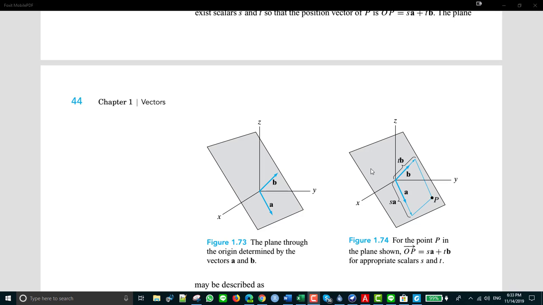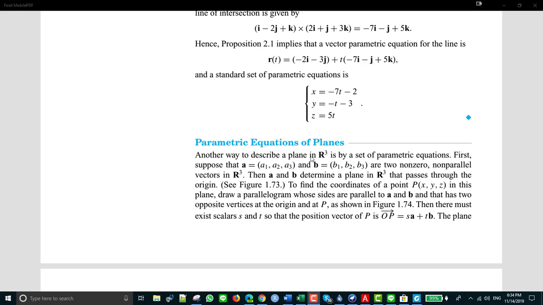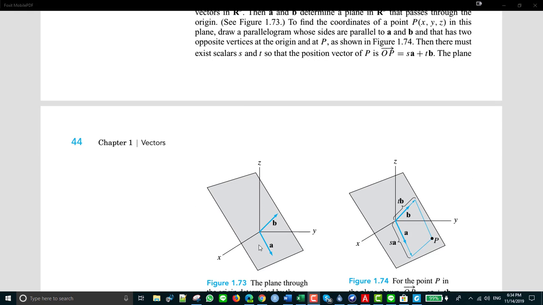So for this discussion, we start out assuming that the plane goes through the origin. So we're going to assume that we have two vectors, A and B, and that they both originate at the origin. So if they originate at the origin, then together they form a plane that passes through the origin.